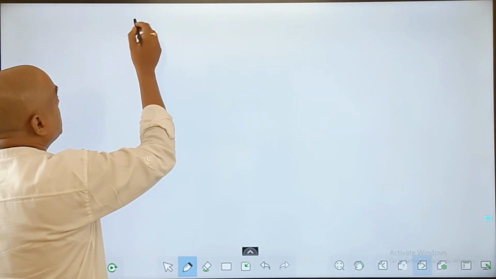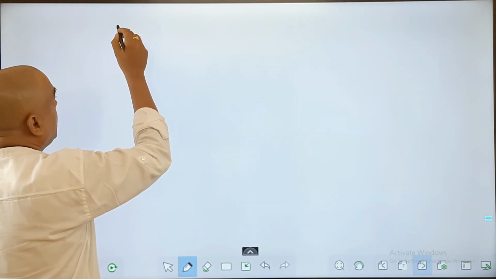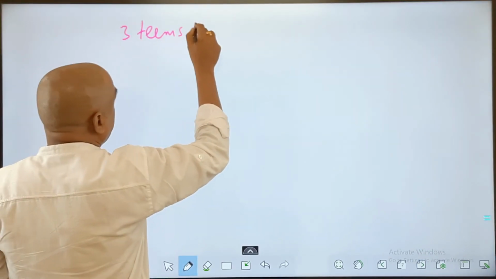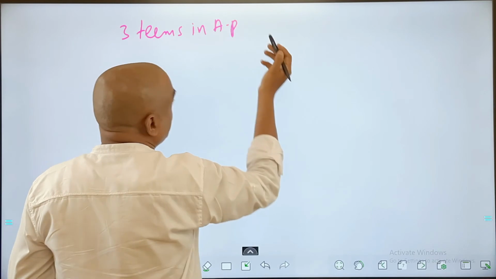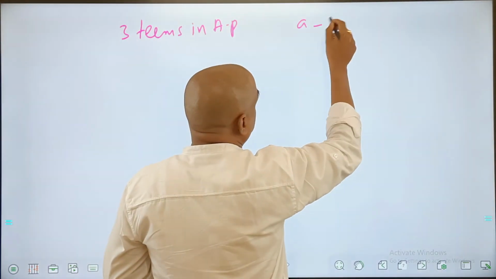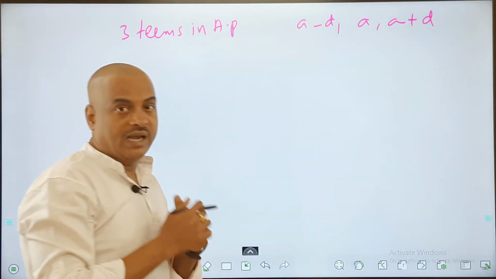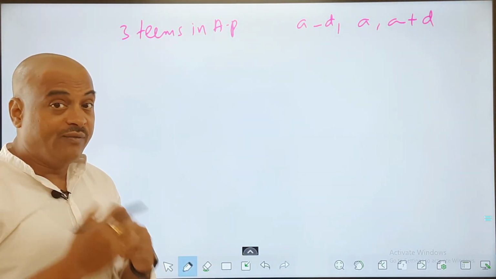Suppose it is given to take 3 terms in AP. If he is asking us to take 3 terms in AP, the choice should be A minus D, A, A plus D. Take these 3 as 3 terms. Why do we have to take only these terms?